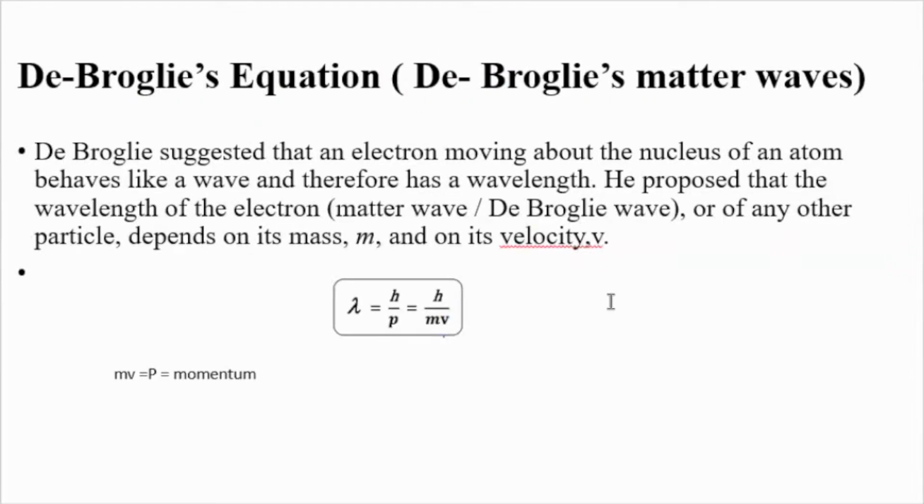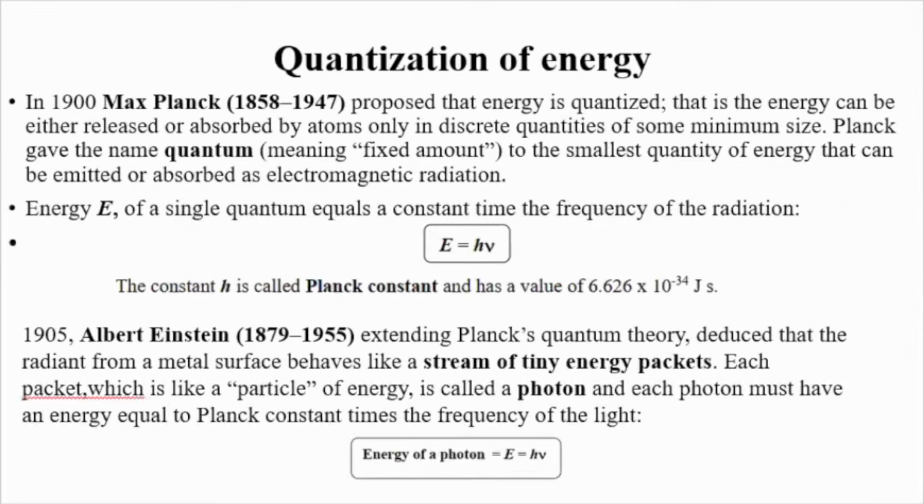De Broglie equation. First Max Planck told that the atom has a definite energy which radiation can be absorbed or released. Then Albert Einstein extended Planck's quantum theory and told the radiation is not continuous.